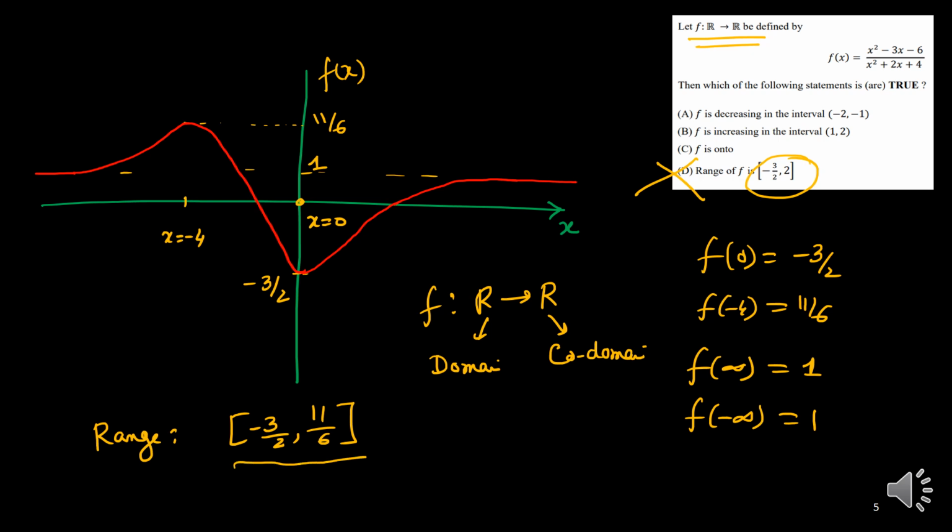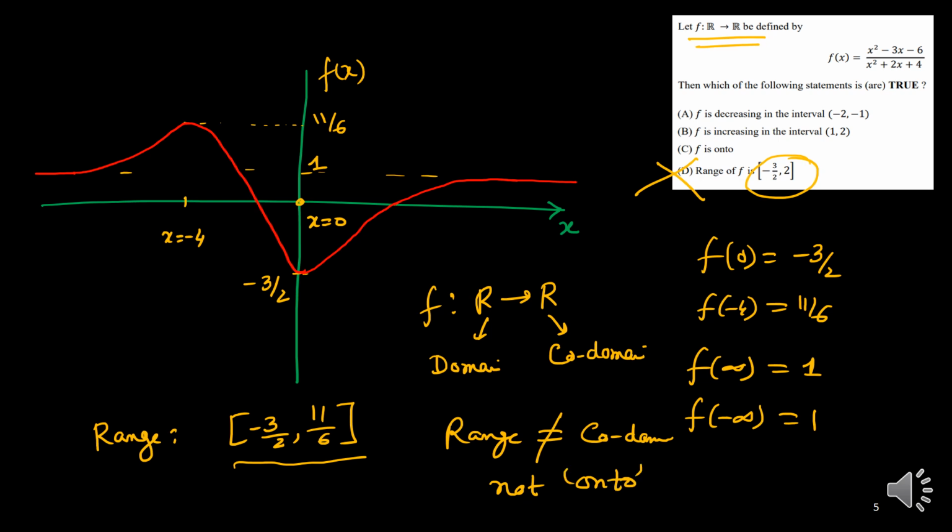So range and codomain are not the same. Meaning we'll find some points in the codomain which are not the image of the function. So the range is not the codomain, thus the function is not onto.